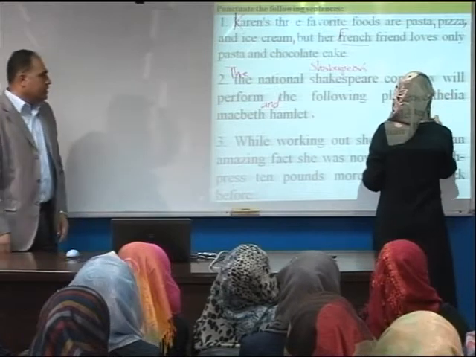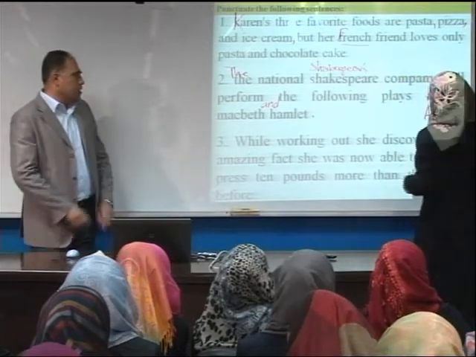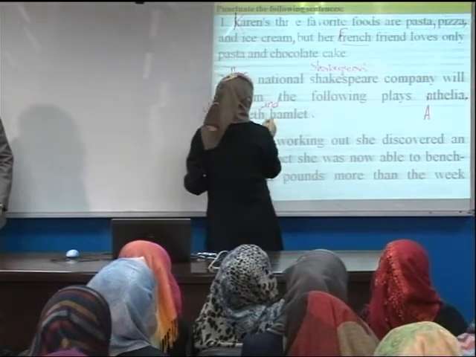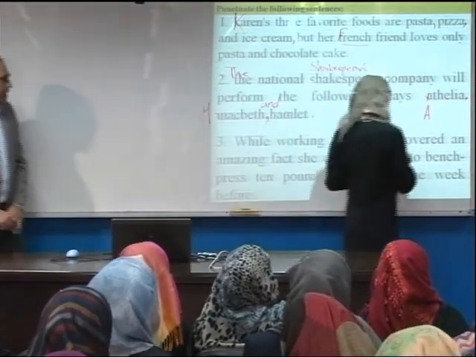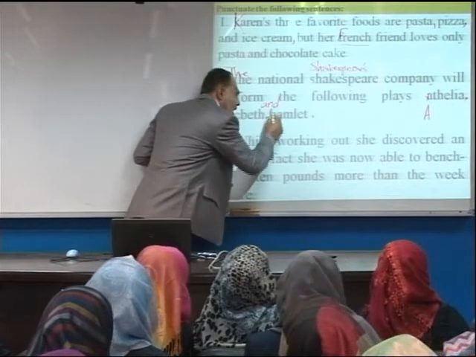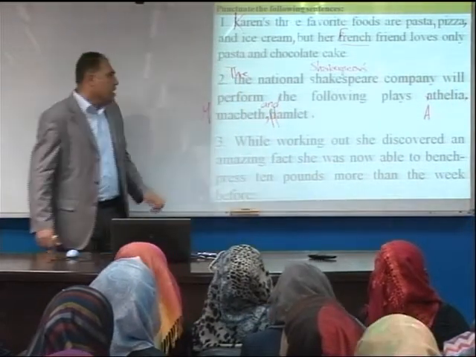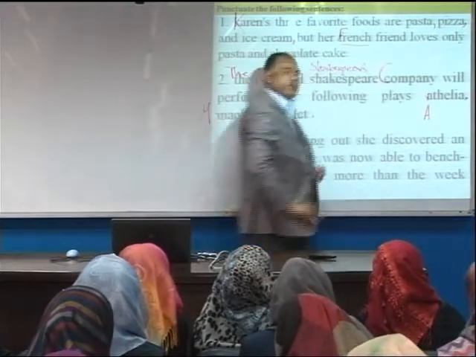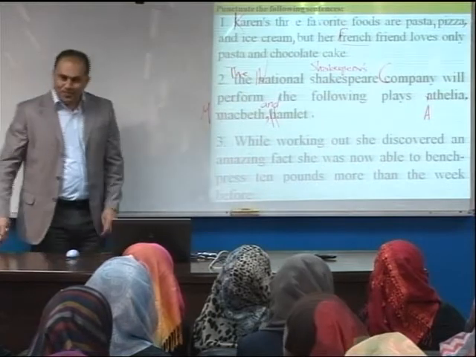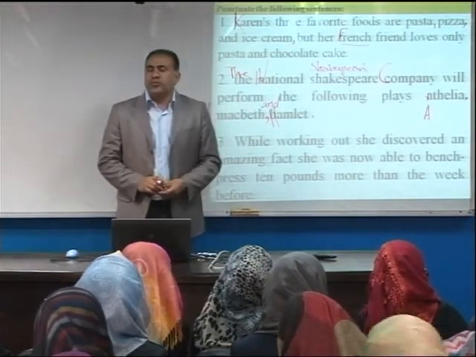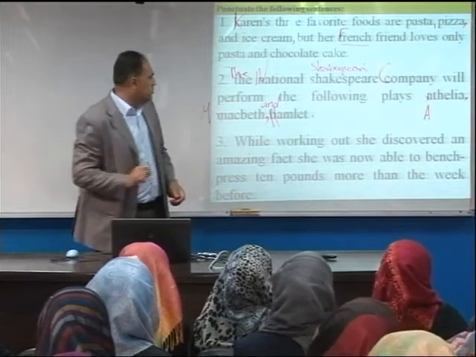So Ophelia, comma, Macbeth, comma, and Hamlet. Hamlet is H, of course. And again, the National and Company. It's the name of an institution. So the National Shakespeare Company will perform the following plays. Colon.